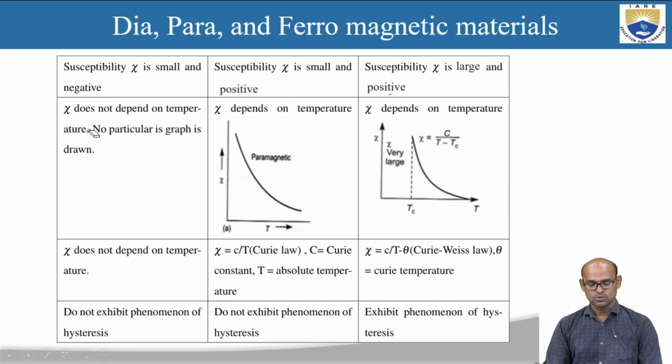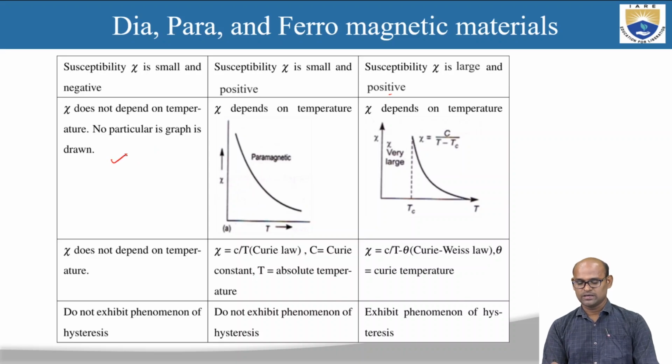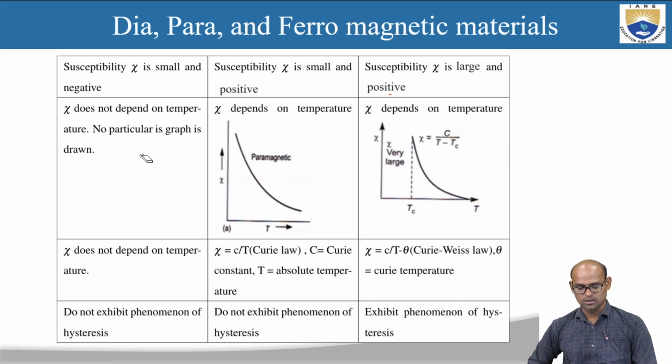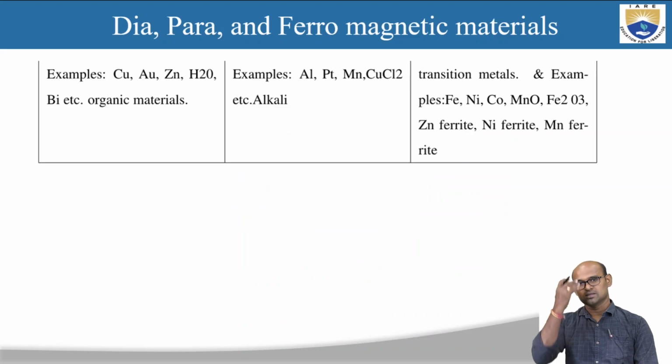The susceptibility does not depend on temperature in diamagnetic materials, and this is the dependence of chi, the susceptibility, on temperature in para and ferromagnetic materials. Diamagnetic materials do not exhibit any hysteresis. Paramagnetic materials also do not exhibit hysteresis, whereas ferromagnetic materials exhibit hysteresis.